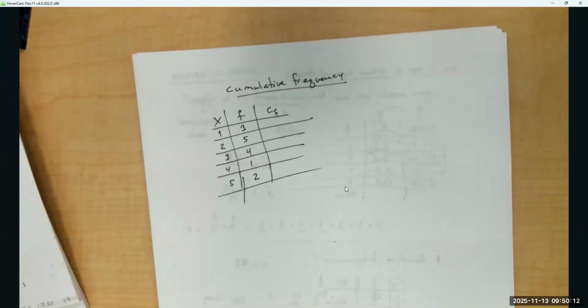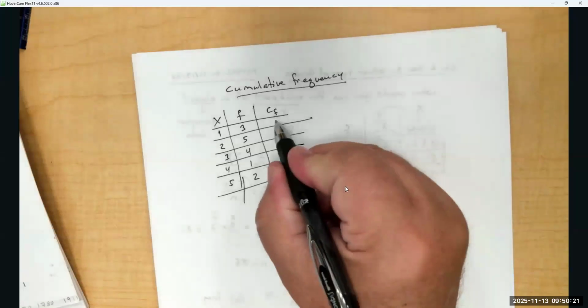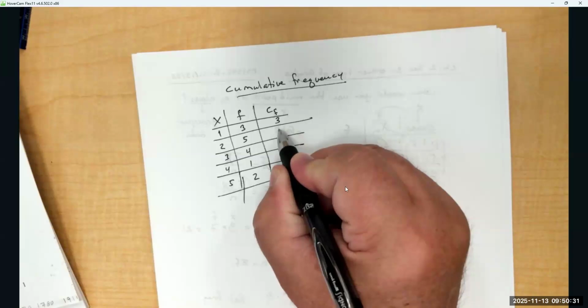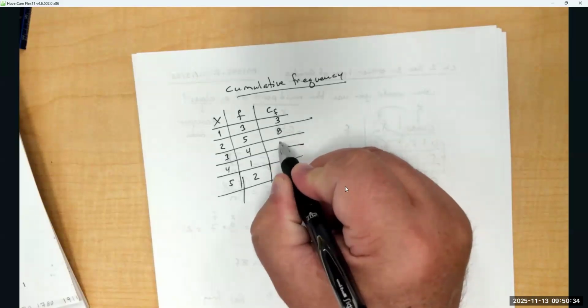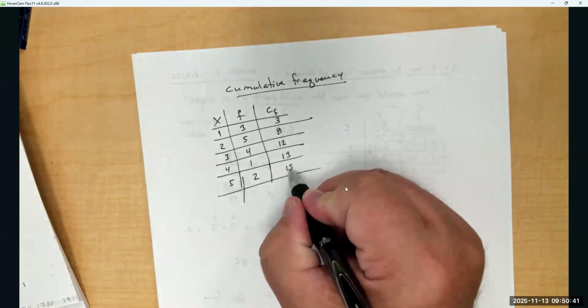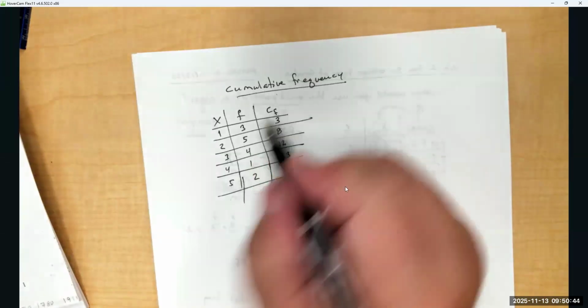How would you find the cumulative frequency? First, I would do this number, then I go down and add the first two numbers together. So what I put here, 3, then plus 4, 12, then 13. Very good. Cumulative simply means running total.